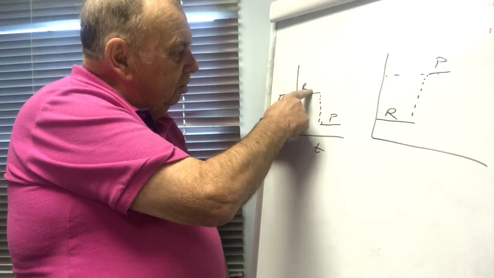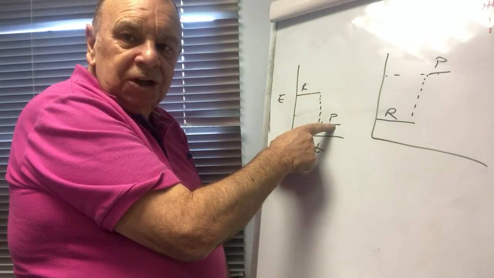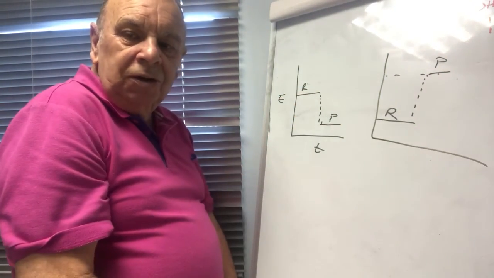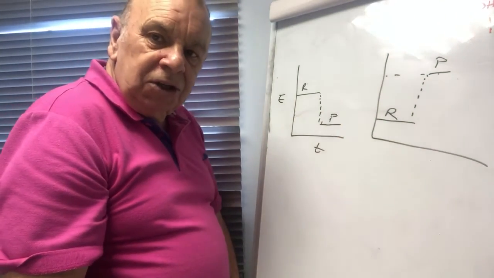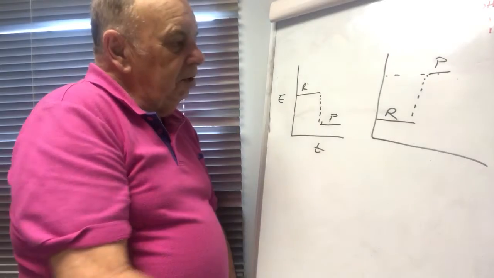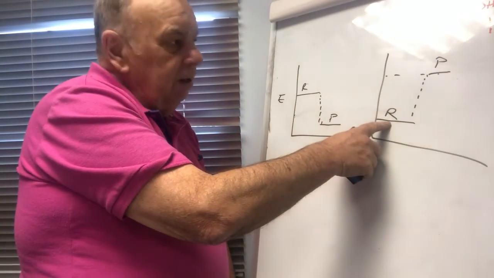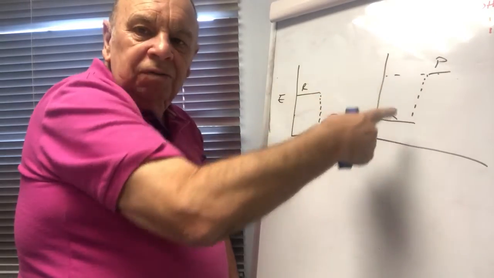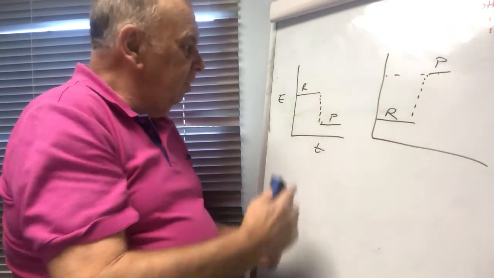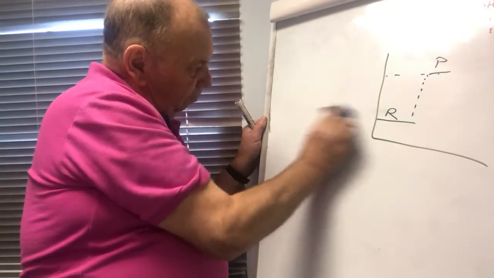If the product's energy is lower, where's it gone to? The energy it's given out. The converse applies to endothermic. There's the reactants, there's the products at a higher energy. Where's that come from? It's taken it from the surroundings.